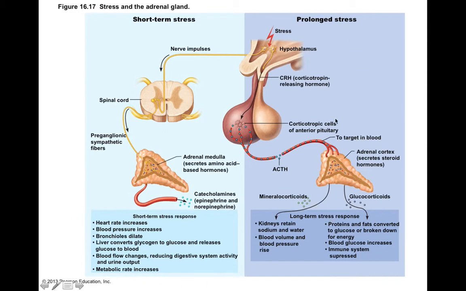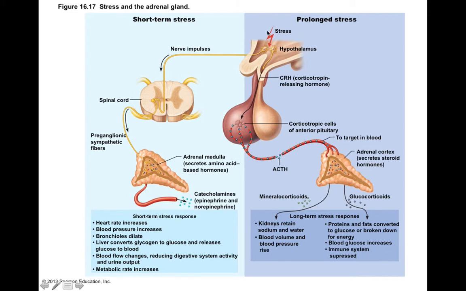Now the long-term responses to stress, or prolonged stress, are still going to involve the catecholamines like epinephrine and norepinephrine, but they're also going to include some of the mineralocorticoids and glucocorticoids from the adrenal cortex.